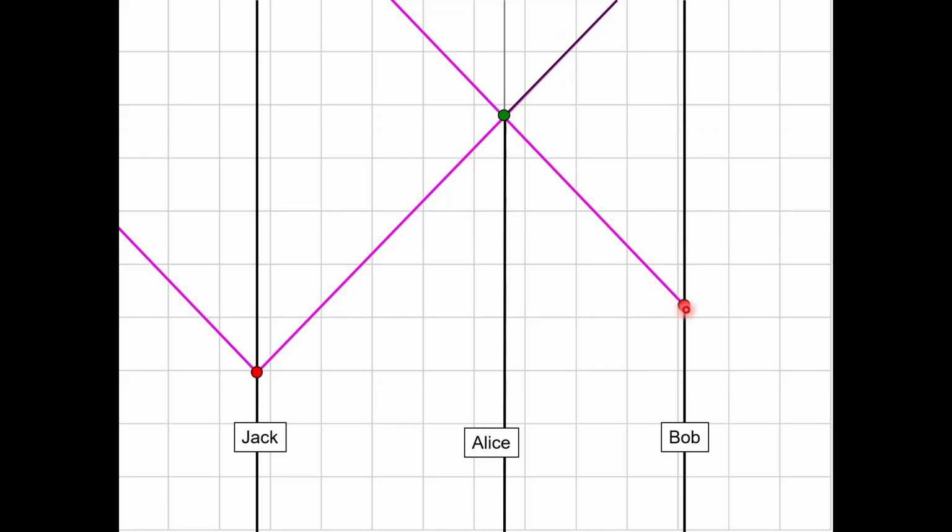Now if we look at Bob, this electrical charge of Bob over here creates a field along this information track, and it affects the electrical charge of Alice at this point by wanting to change its trajectory in this direction. But as you can see, I depicted this desire in a thicker line than this one, meaning that the field created by Bob is stronger than the field created by Jack at this point on Alice's world line.